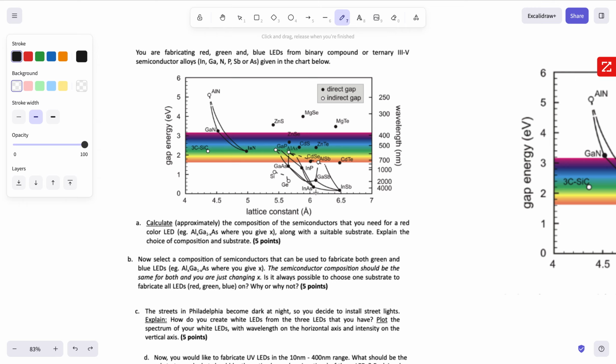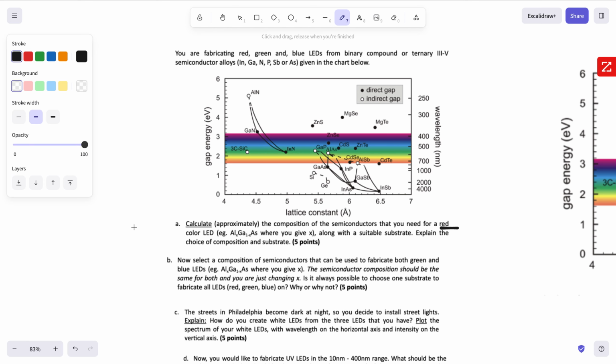Okay. So first, we want to make a red LED, which occupies a band gap energy somewhere along here, 700 nanometers, a little less than 2 electron volts. And we need to make sure that it's a direct semiconductor, because you can see these dotted lines represent indirect semiconductors.